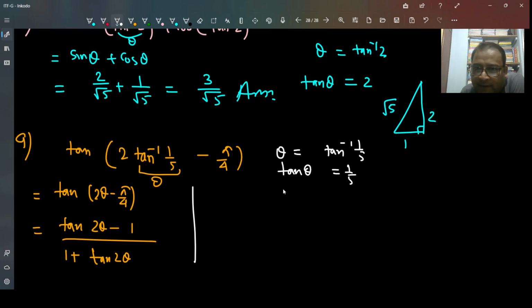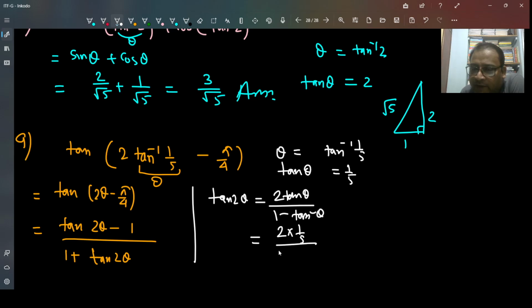I have to calculate tan 2 theta, whose value is 2 tan theta divided by 1 minus tan square theta. So which is 2 into 1 by 5 divided by 1 minus 1 by 25. This can be written as 2 by 5 times 25 by 24, which cancels to 5 by 12.